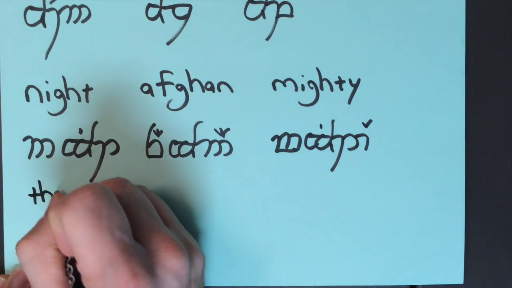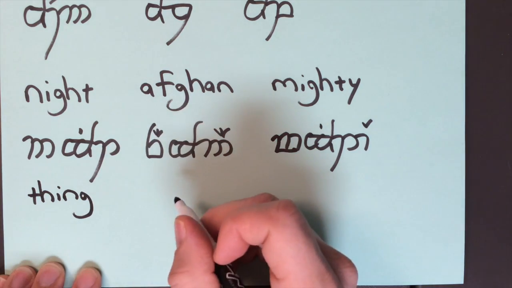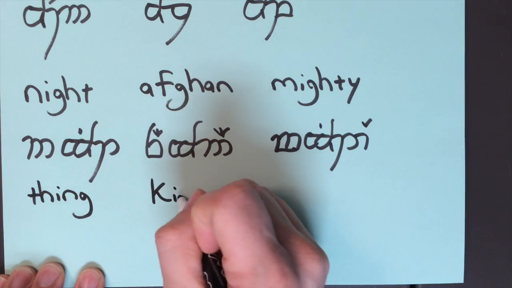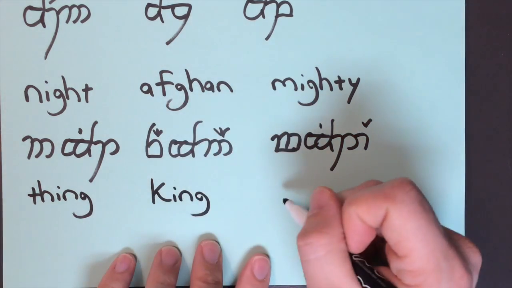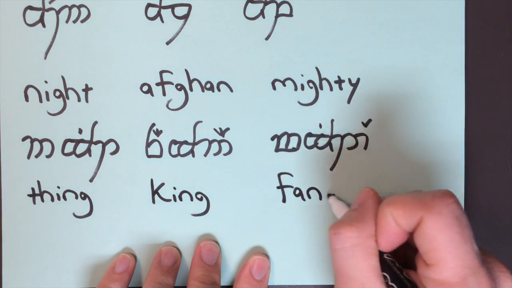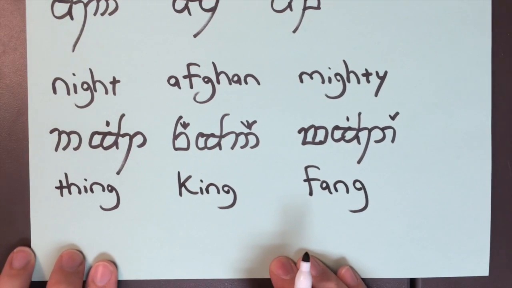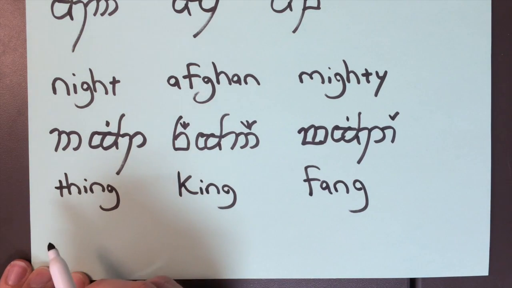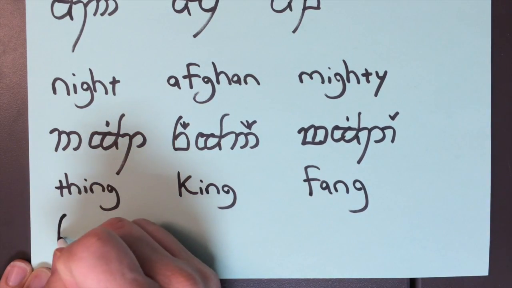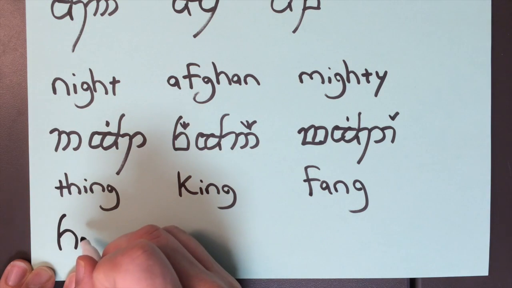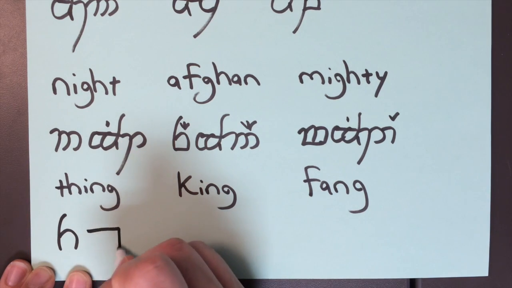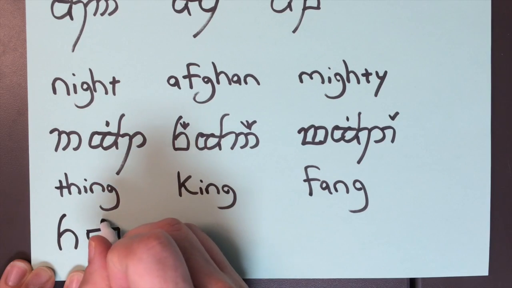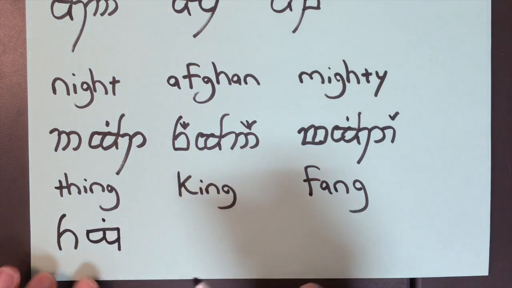So we're going to learn how to do thing, king, and fang. So to do thing, it is going to be this symbol. And to do the NG, you go over, down, loop, loop, and draw your I. So that's thing.